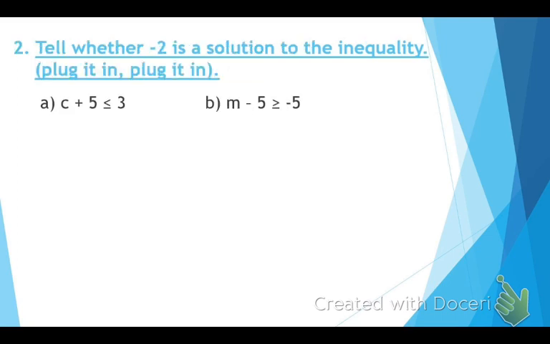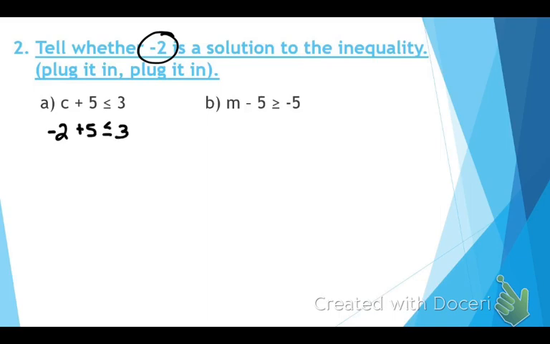Number 2 says, tell whether -2 is a solution to the inequality. Basically, all we're doing is plugging it in. So instead of C plus 5 is less than or equal to 3, what will I plug in, class? -2. Plug in that -2. -2 plus 5 is less than or equal to 3.